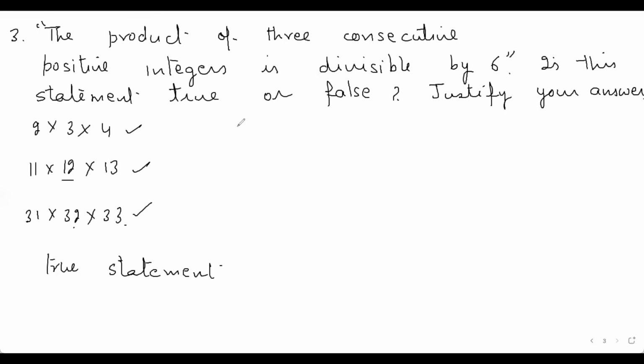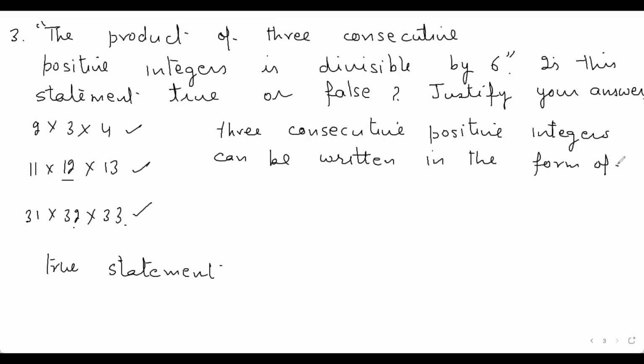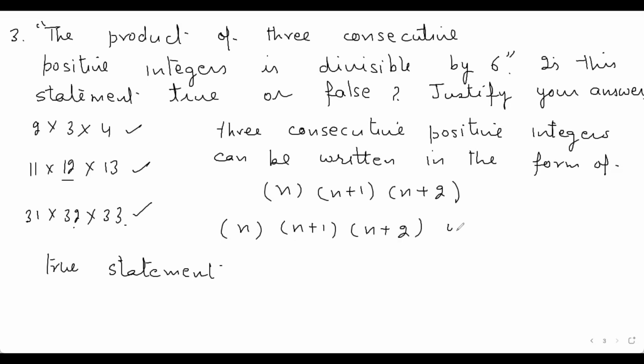So if we generalize it, the product of n, n plus 1, n plus 2 will always be divisible by 6, because at least one of the factors will be divisible by 2 and at least one of the factors will be divisible by 3.